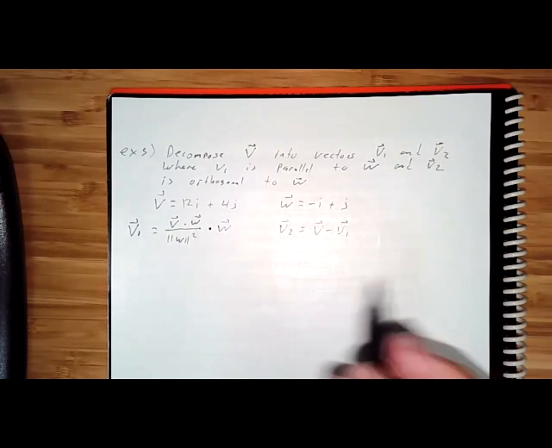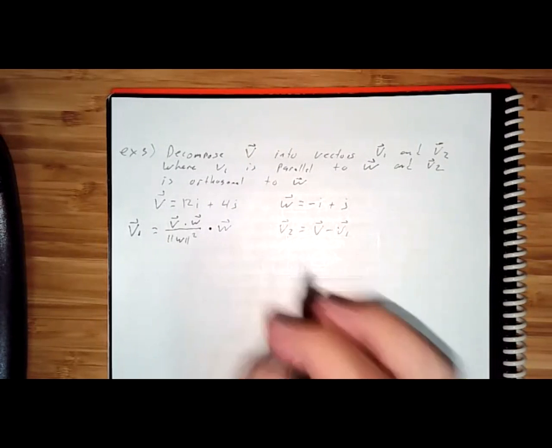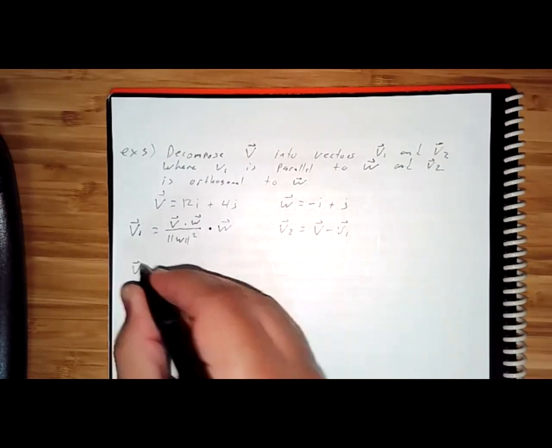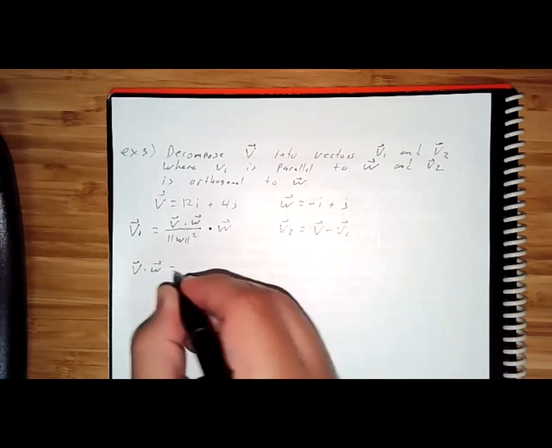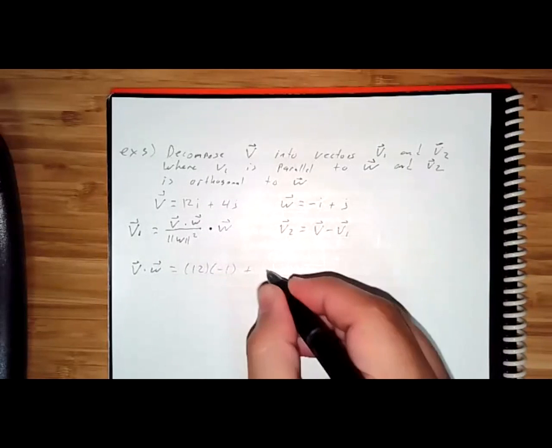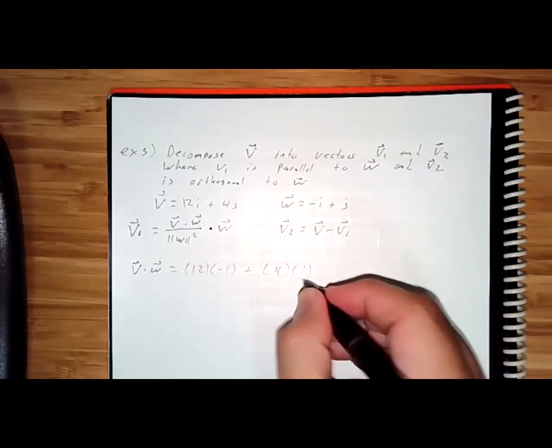Okay, so let's find the dot product first, and then the magnitude, I guess. V dot W is equal to 12 times -1 plus 4 times 1.